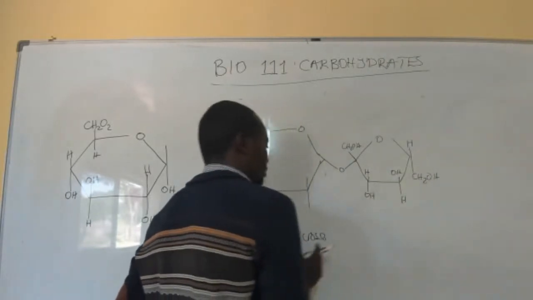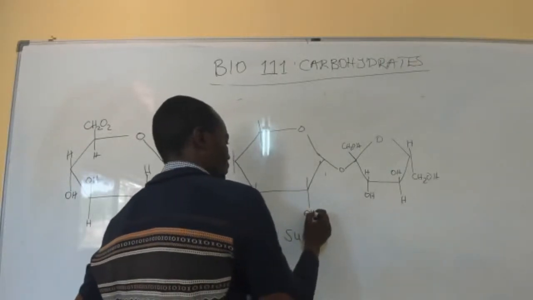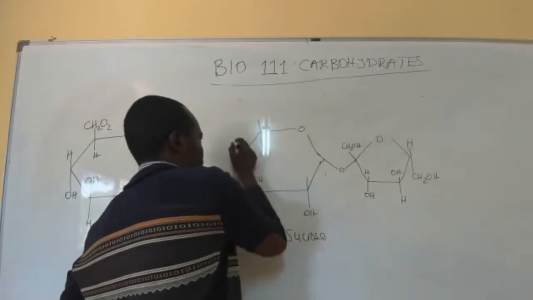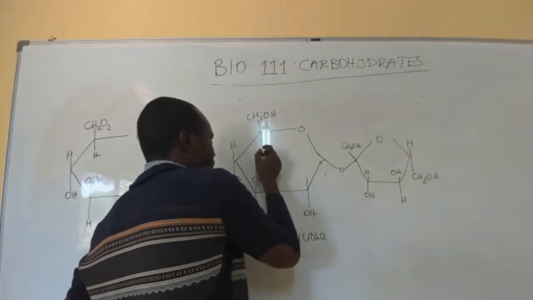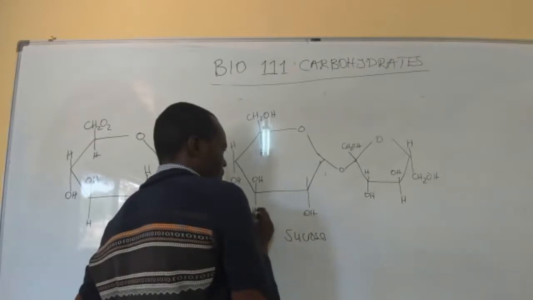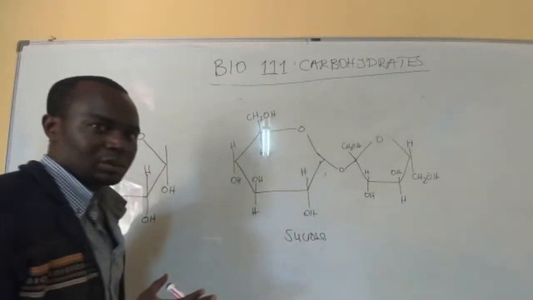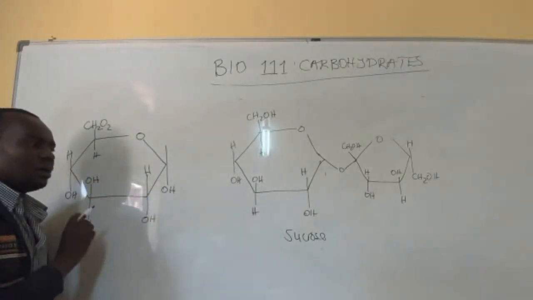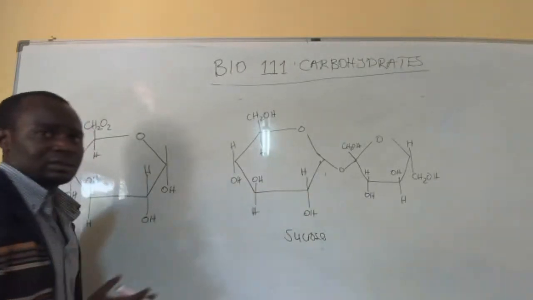So this is your sucrose. Your sucrose is made up of two monosaccharides. By function, monosaccharides function as monomer units for disaccharides.